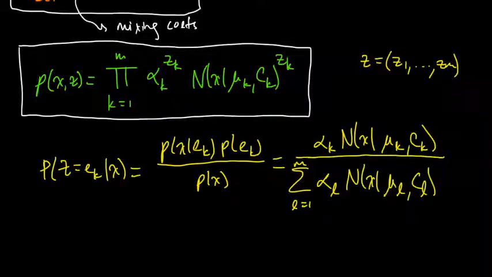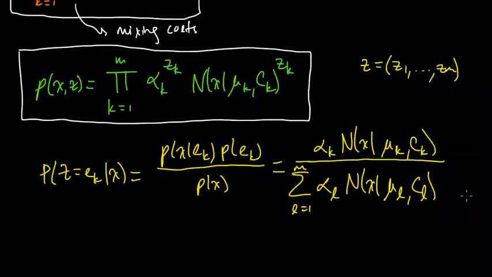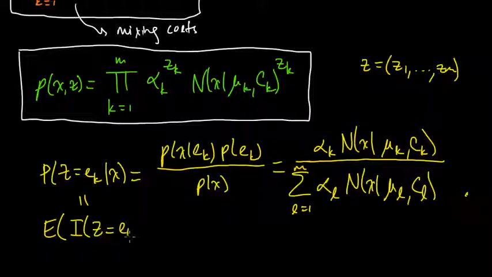So this formula will be useful, and just a remark here, this is equal to something we'll use in a future video, the expected value of the indicator function that z equals ek, given that x equals x.